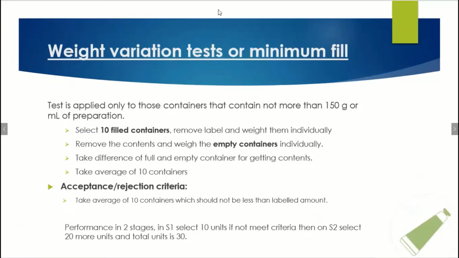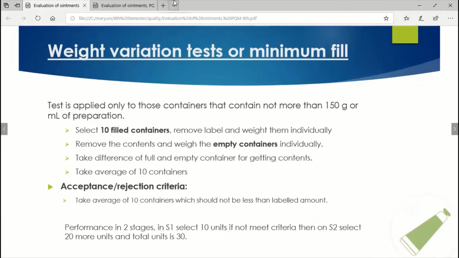Then comes the weight variation test or minimum fill. It checks how many ml or mg of the base or medicament is filled in the ointment tube. The test is applied to containers that hold 150 gram or ml of the preparation, not less or greater than that. So we select at least 10 filled containers, remove their labels so the weight of the label does not interfere, and weigh them individually.